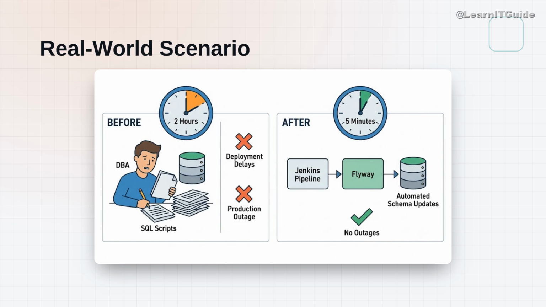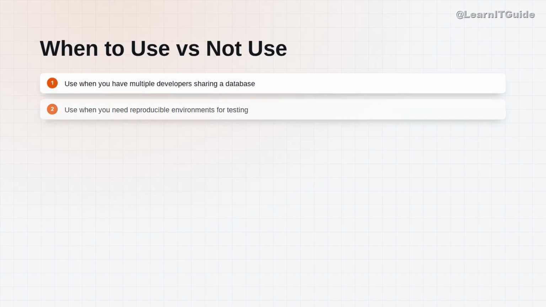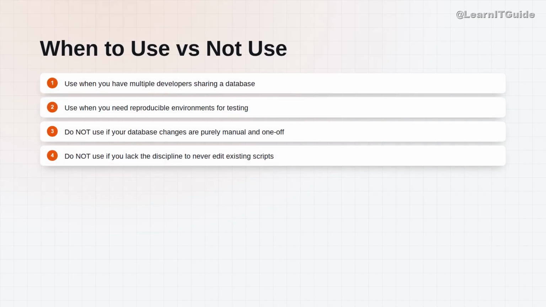That is real impact. So when should you use this? Use Flyway when you have multiple developers sharing a database. Use it when you need reproducible environments for testing. Do not use it if your database changes are purely manual and one-off experiments.